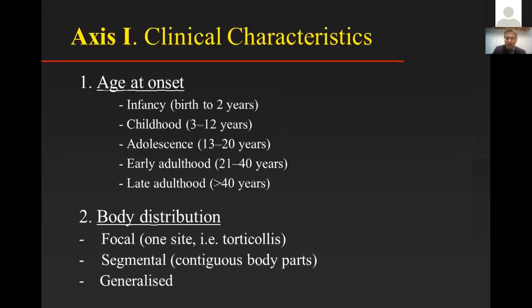And when you're seeing your patient, we have divided this into axis 1 and 2, and axis 1 deals with the clinical characteristics. It's very important when you're seeing your patient with dystonia to know what is the age of onset. Is it in infancy, childhood, adolescence, early adulthood, late adulthood? And the second important thing is, what is the body distribution?